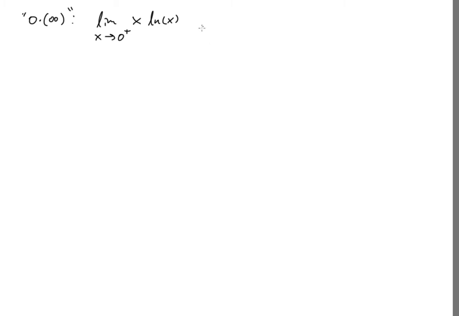This is a situation where the limit as x goes to 0 from the positive side of x is going to go to 0, and the limit as x goes to 0 from the positive side of natural log of x goes to negative infinity. So this is clearly a 0 times negative infinity situation.